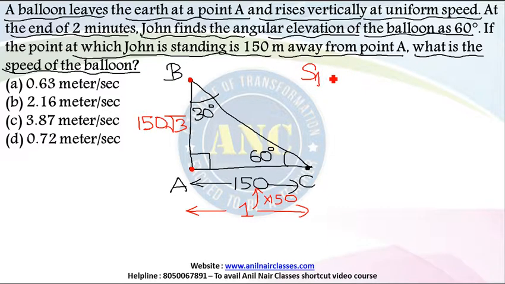The speed of the balloon is what they are asking. Speed is distance traveled by the balloon, 150 root 3 units, divided by the time taken by the balloon. This 150 root 3 is in meters only, because 150 meters is given here.